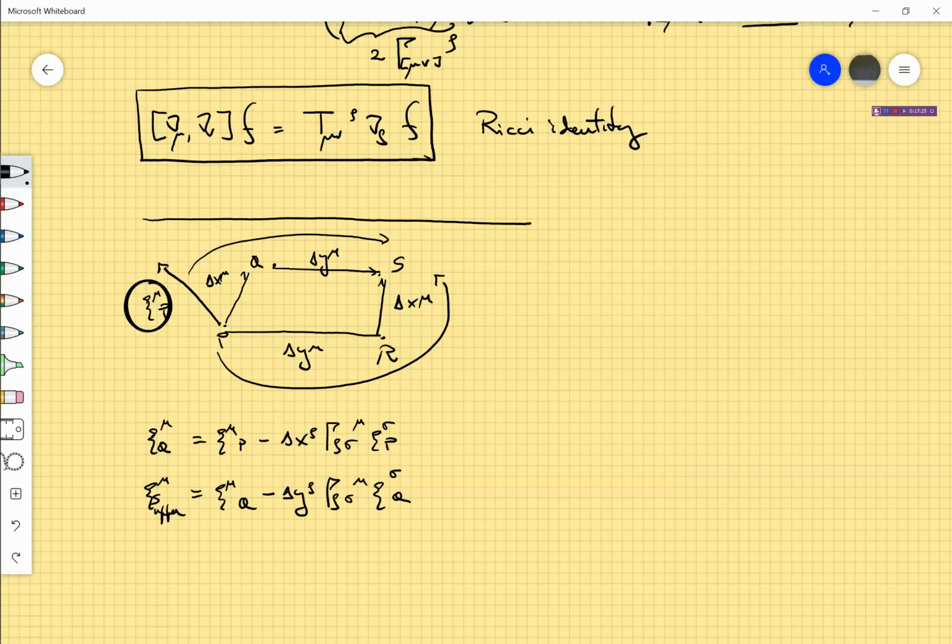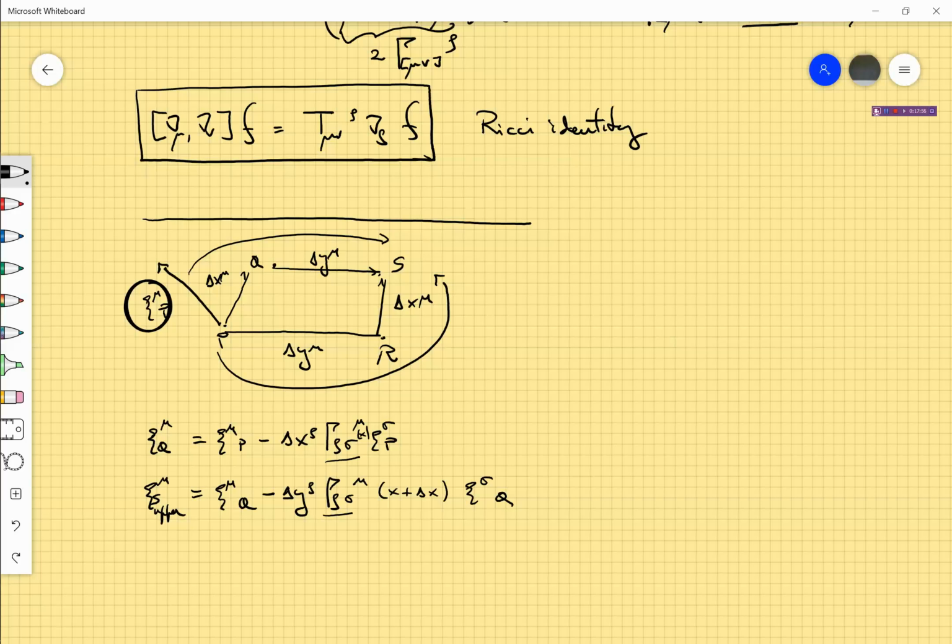One observation is that when I do this displacement, I evaluate the connection at P. Let me call this coordinate X. But when I do the second displacement, the second parallel transport, then I have to evaluate gamma at Q, whose coordinates are X plus delta X. So I have to take that into account.